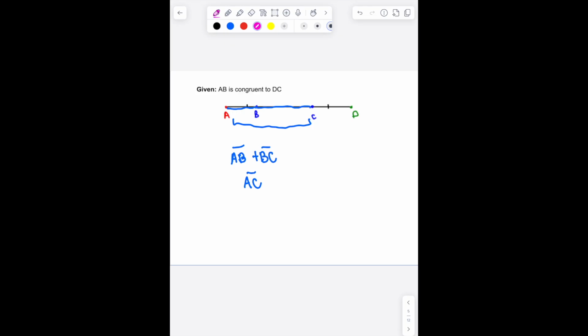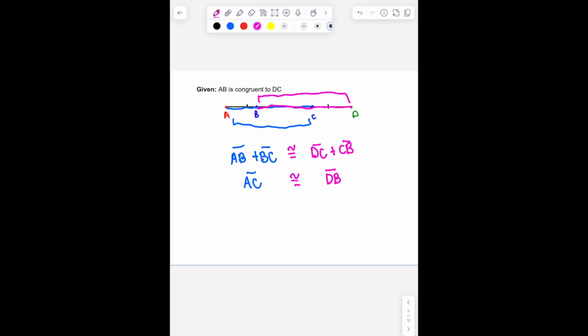And if I take DC and to it I add on this whole segment CB, I end up with DB. So I can figure out that AC is congruent to DB based on the given information.